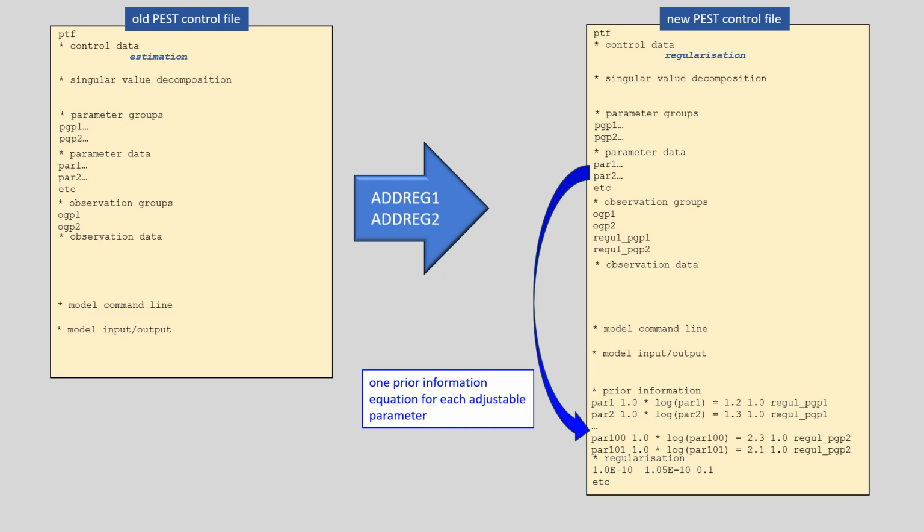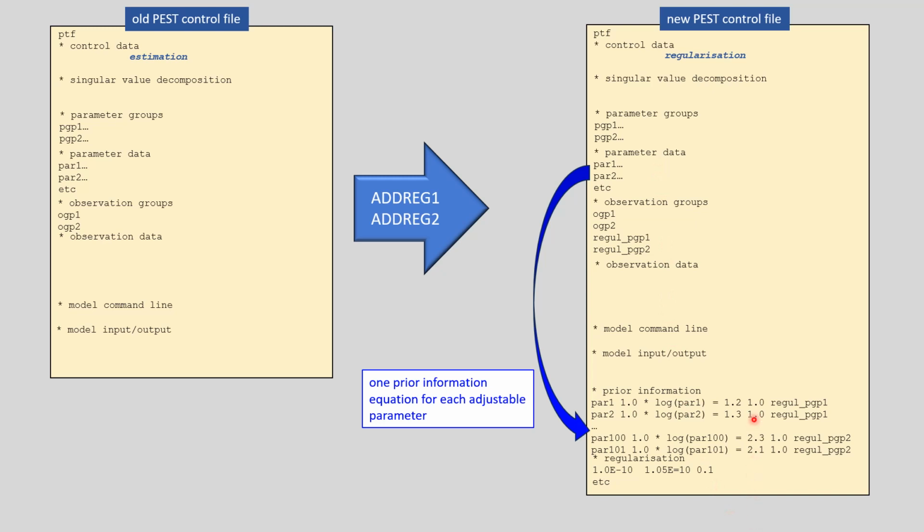Each of these utilities takes each adjustable parameter from the parameter data section of the PEST control file and puts that parameter into a prior information equation in which that parameter is made equal to its initial value, or the log of its initial value if it's log transformed in the parameter data section of the PEST control file.